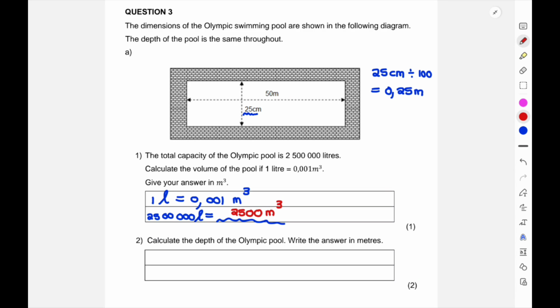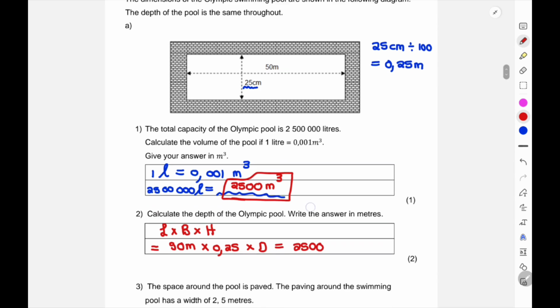Okay, so remember the volume is length times breadth times height. The length is 50 meters times 0.25 that I've already worked out there, times the depth will give you 2,500.